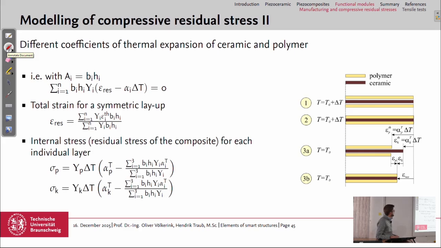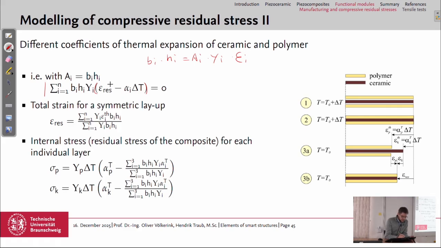And we can rewrite this equation from the slide before, the last one, with this. So B_i times H_i is the cross-section again, times the modulus times the resulting, or the overall strain, epsilon_i, with the equation before.